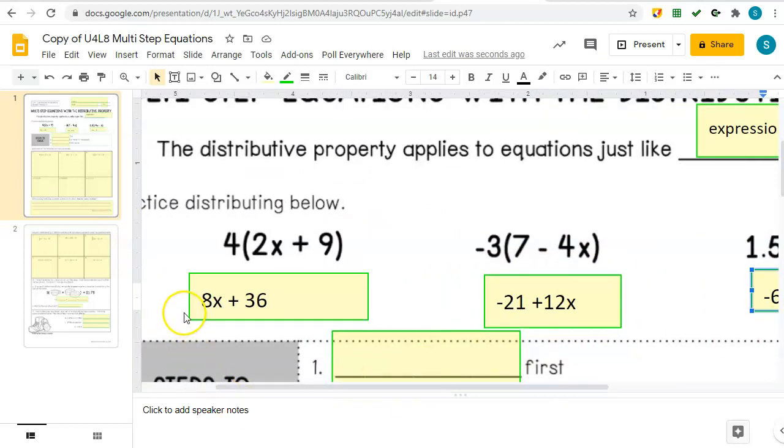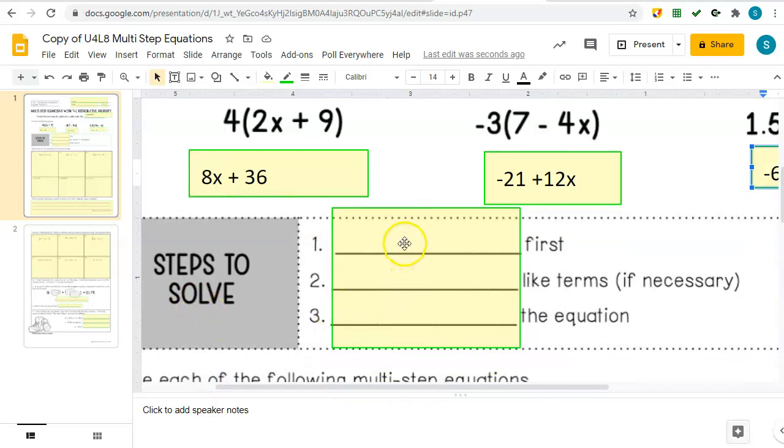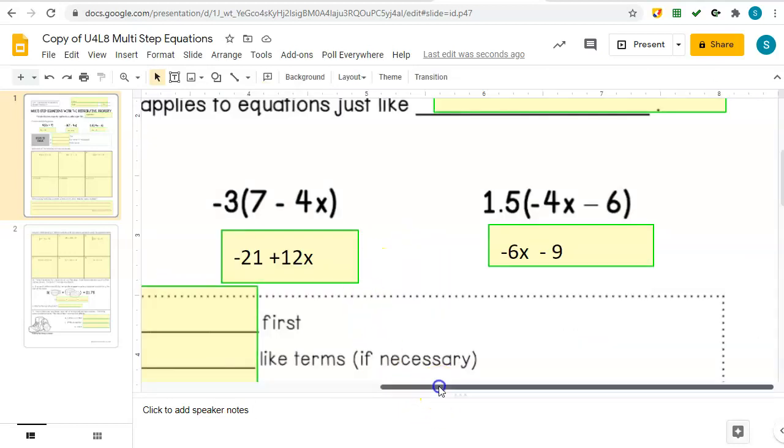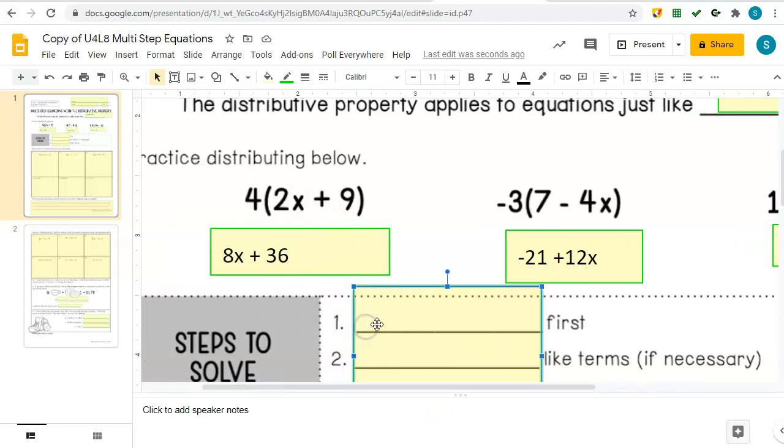We're going to talk about our steps to solve. So we can distribute to simplify first. Then we will combine like terms, if possible.